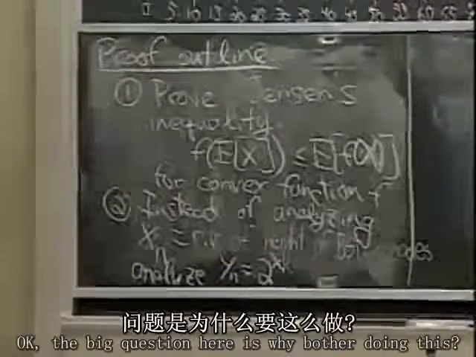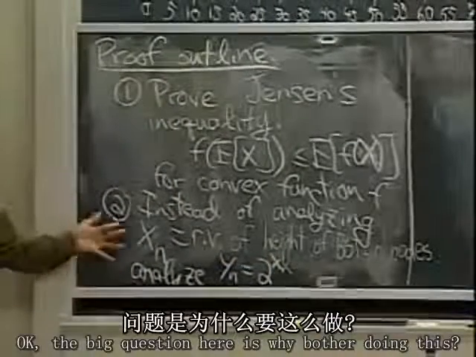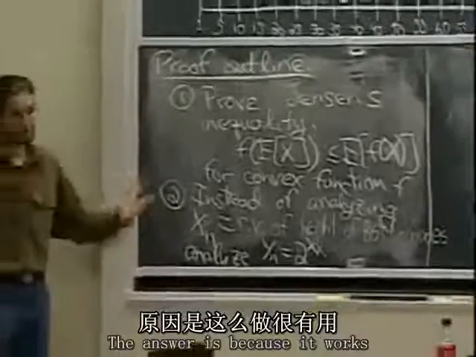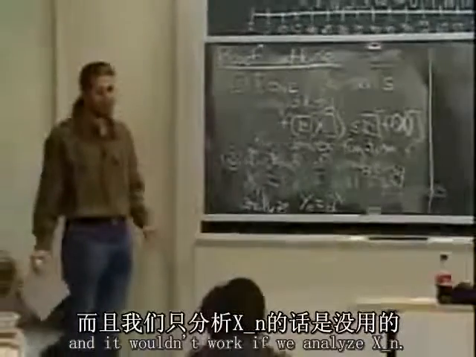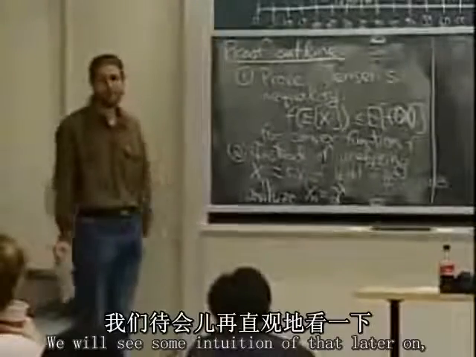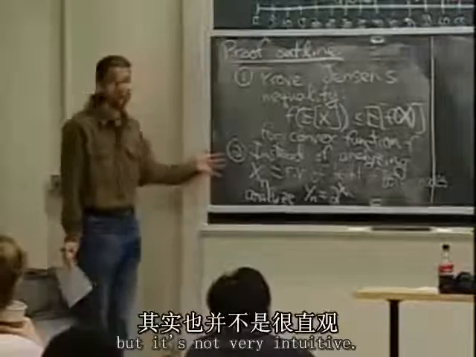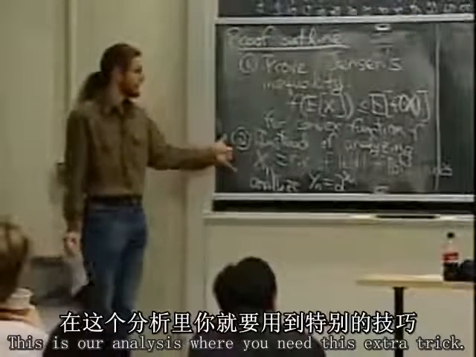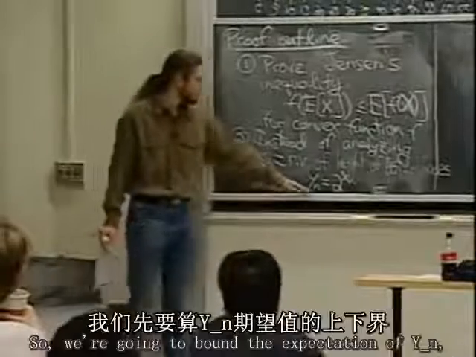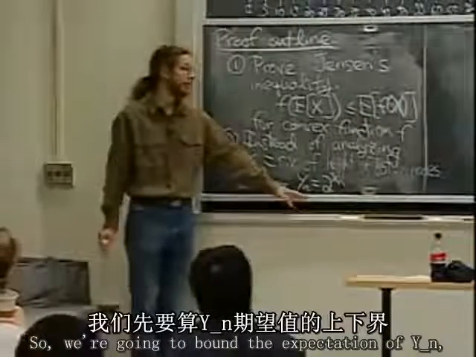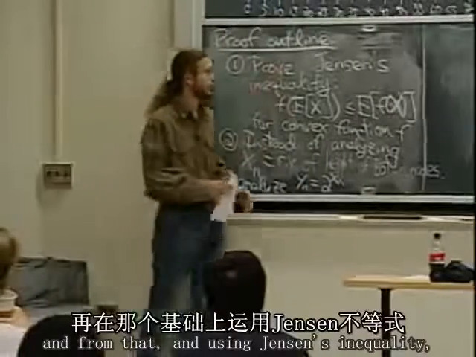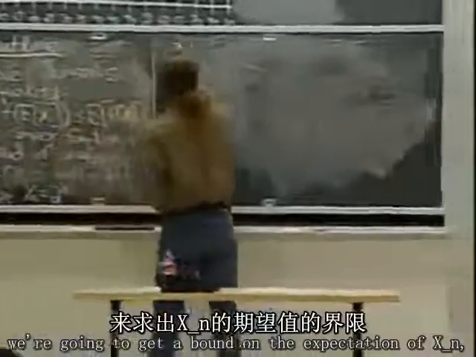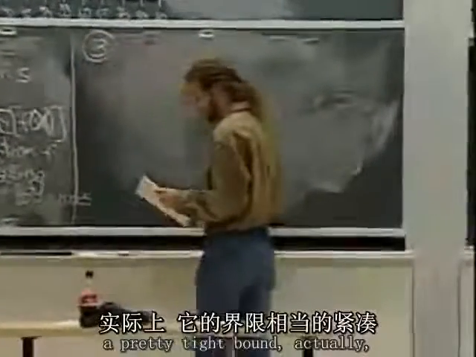The big question here is, why bother doing this? The answer is because it works, and it wouldn't work if we analyzed Xn. We'll see some intuition of that later on, but it's not very intuitive. This is just a bizarre analysis where you need this extra trick. So we're going to bound the expectation of Yn, and from that, using Jensen's inequality, we're going to get a bound on the expectation of Xn, a pretty tight bound, actually.